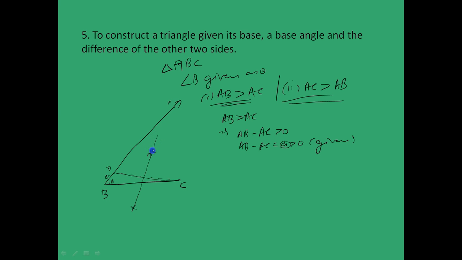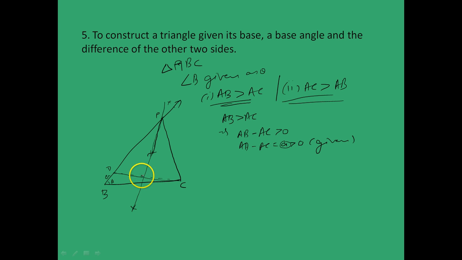Let's say that the perpendicular bisector intersects this ray at point P, we'll talk about this later, and join PC.